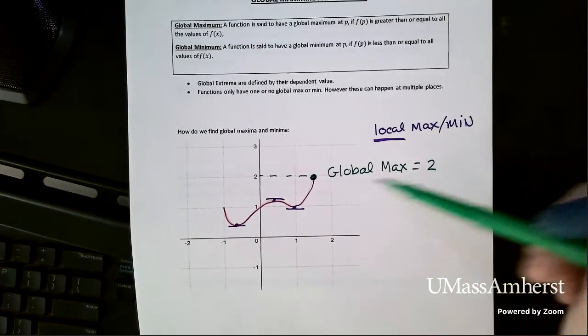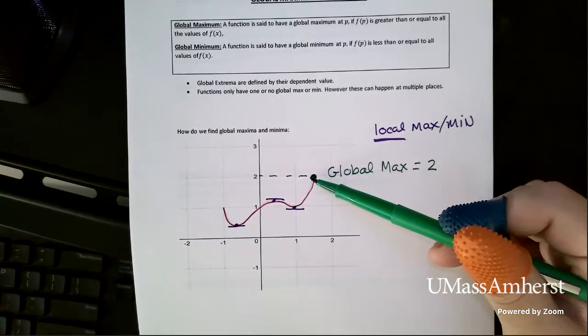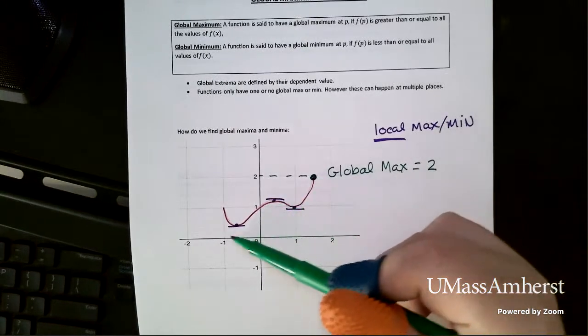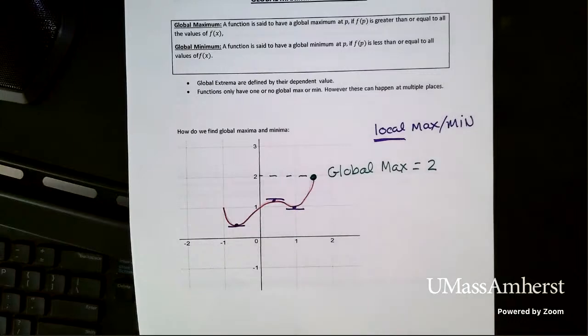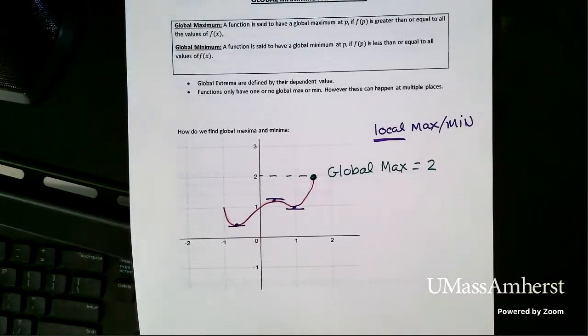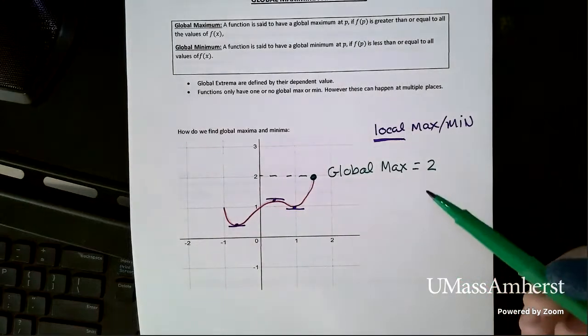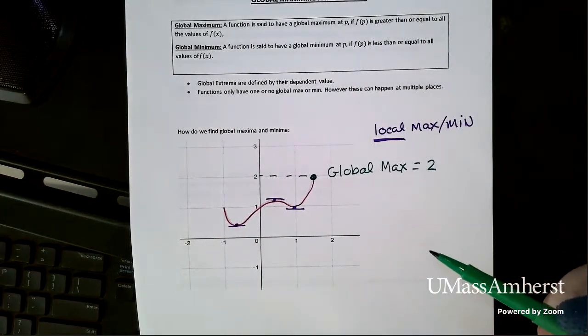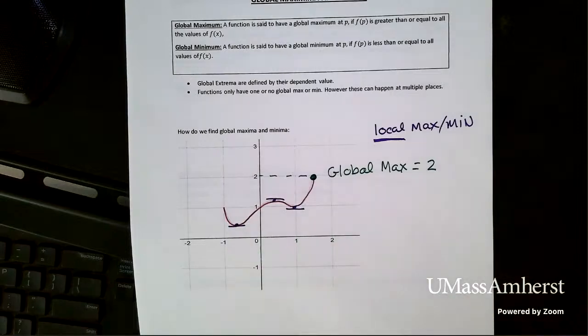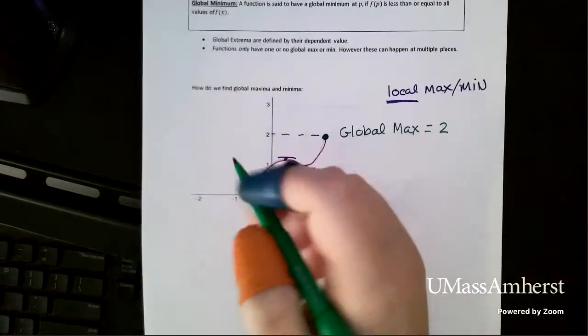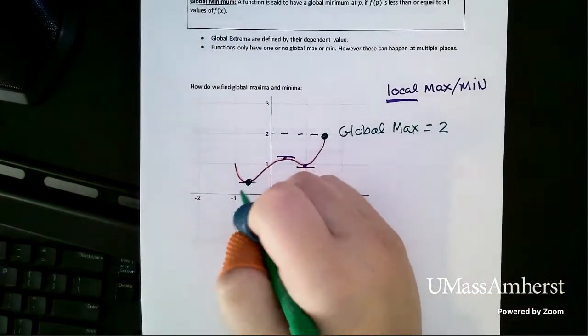Okay, so the global maximum is that y value that is the highest possible y value for a function. Similarly, the global minimum is going to be when you have a y value that is less than or equal to all the values here. So we're looking for the lowest y value, which happens right here.